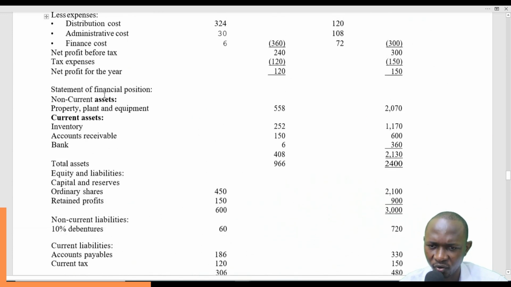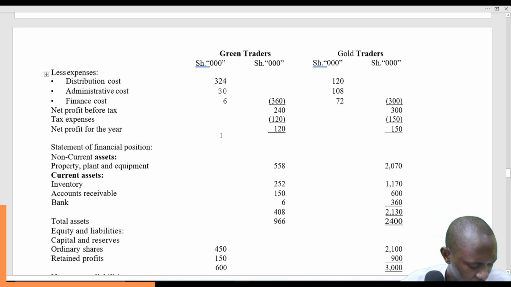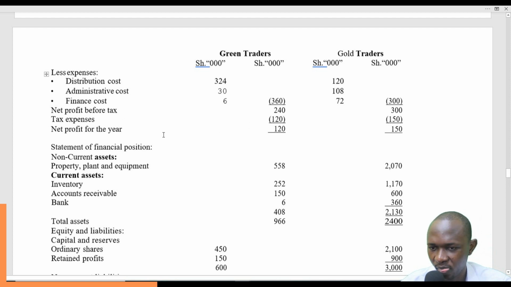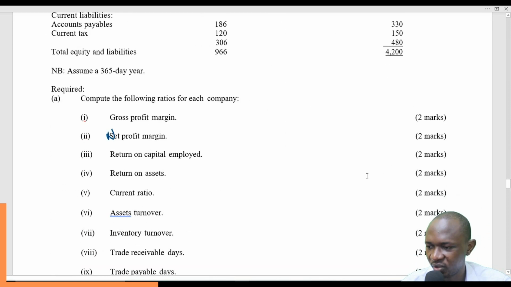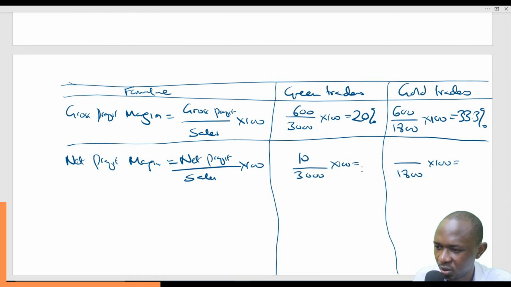So net profit for green, net profit for the year, we have them here. Net profit, 120 and 150.